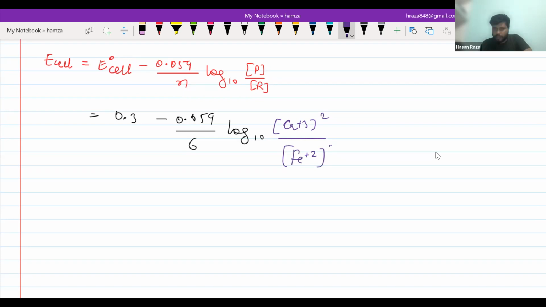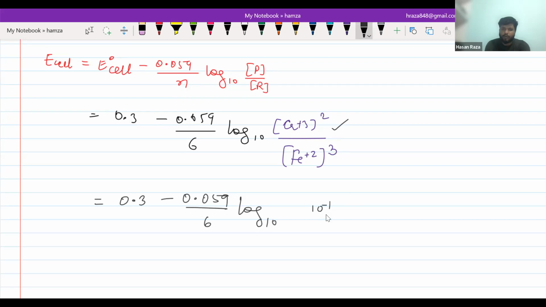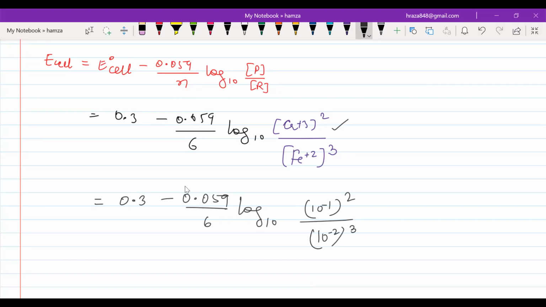In the previous question, there was no stoichiometric coefficient, that's why we didn't have anything in power. Now we are going to solve it. 0.3 minus 0.059 upon 6 log to the base 10, and this has a value 10 raised to the power minus 1 raised to the power 2 upon 10 raised to the power minus 2 as a power 3. Please solve it and let me know the answer.